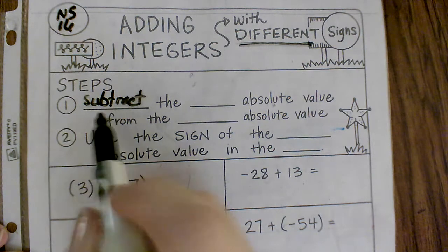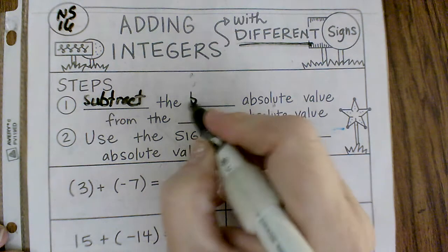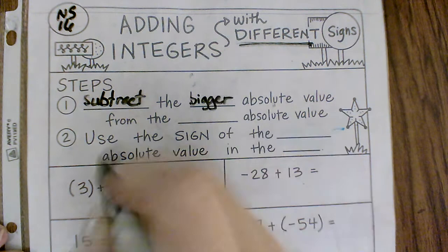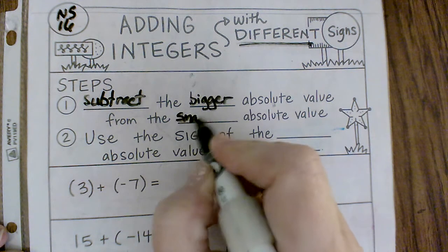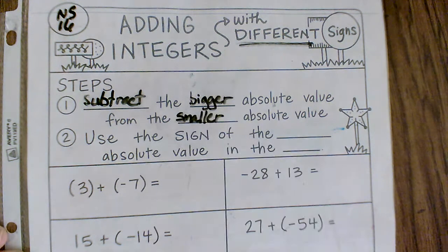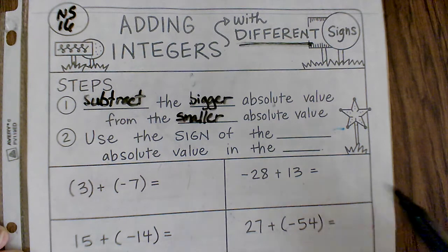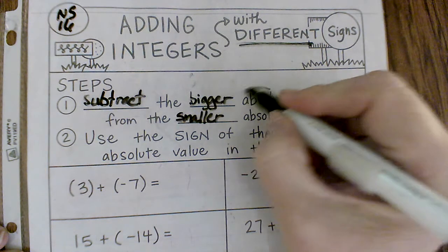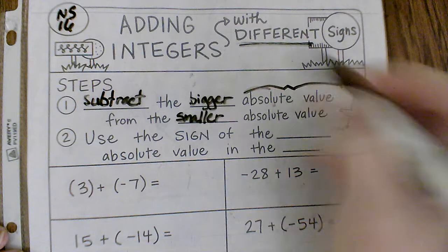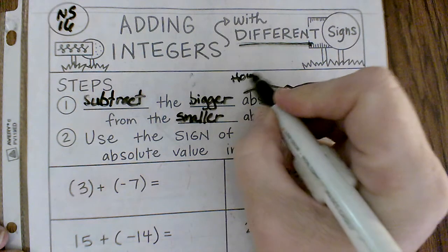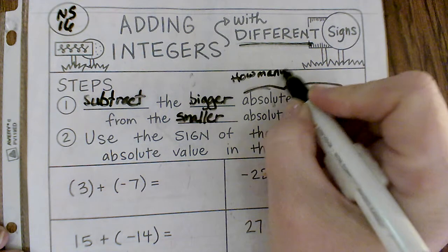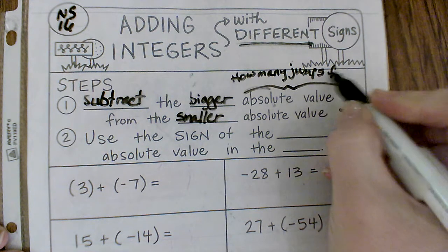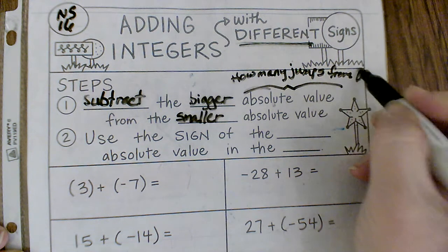What you're subtracting is the bigger absolute value from the smaller absolute value. And again, remember, absolute value just means, this whole thing here means how many jumps from 0.